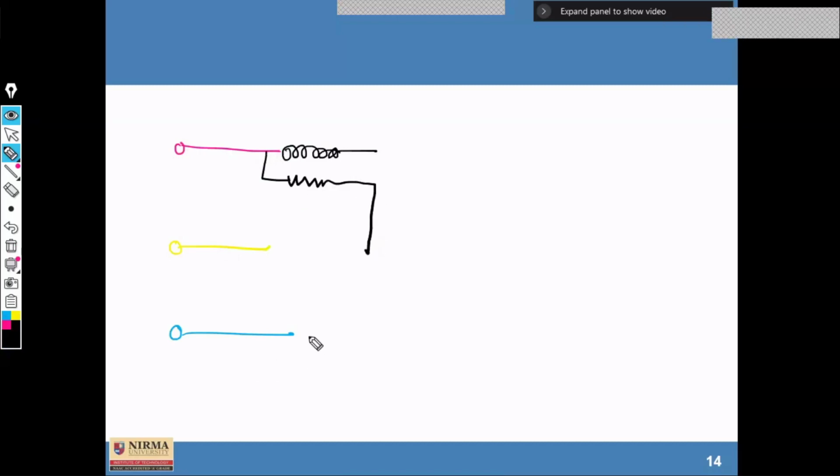And similarly here, or if you consider it from here also, this is the coil.